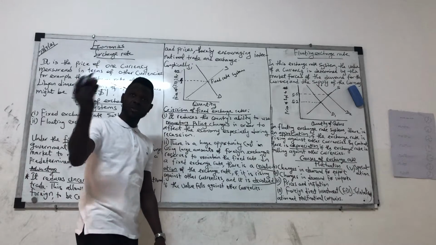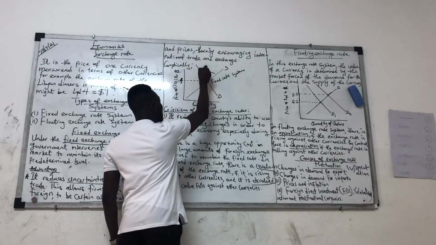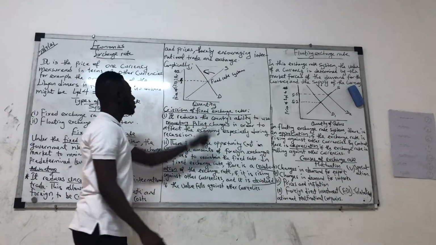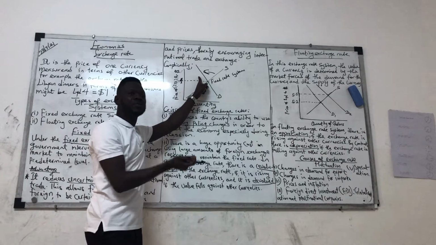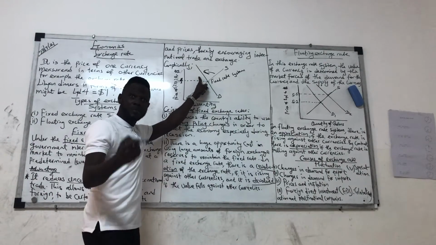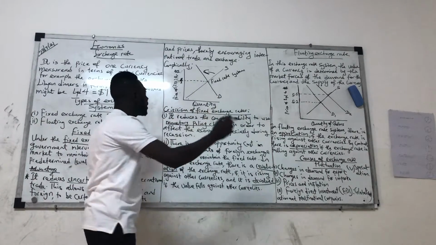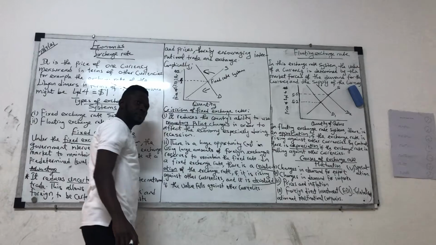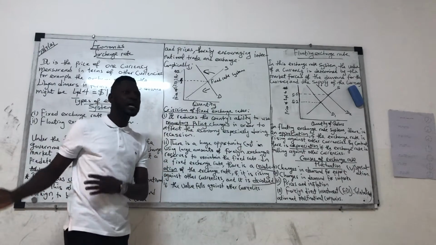To illustrate recession with this graph, it means our supply from X will fall leftward. Our supply will move what? Leftward. So a shift in supply leftward means that there's a decline in supply, which might be as a result of recession. And what happens to demand? Demand also moves leftward. So this is recession, or a decline in economic activity.